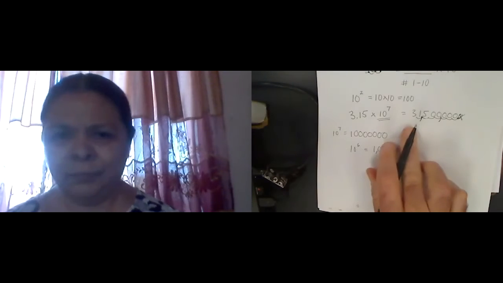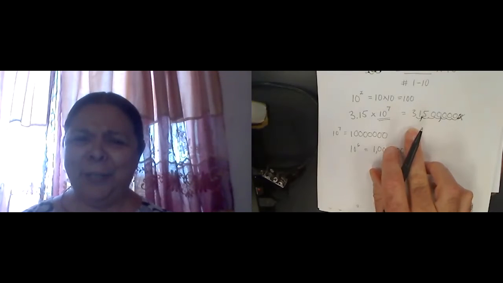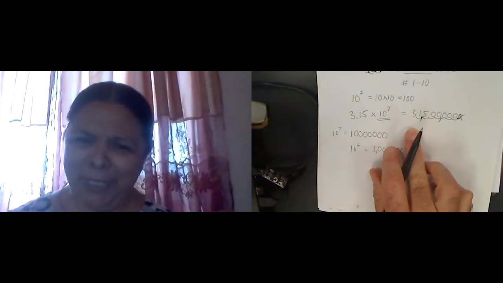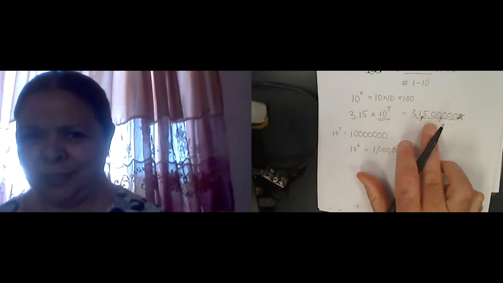What number is this number? 31 million 500,000. Yes, very good. 31,500,000.